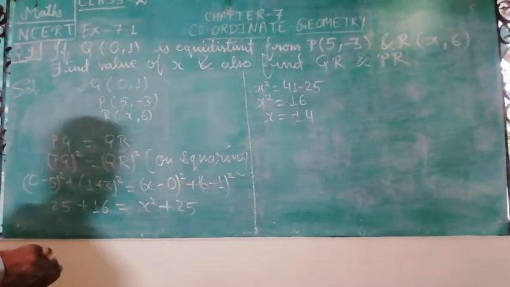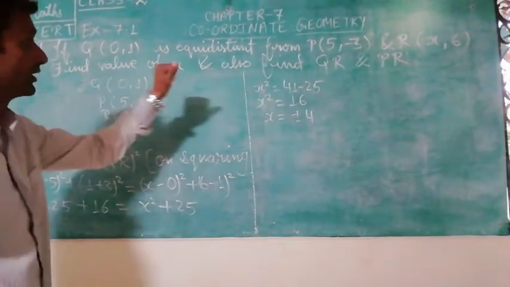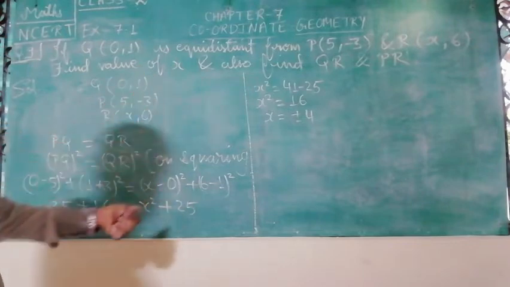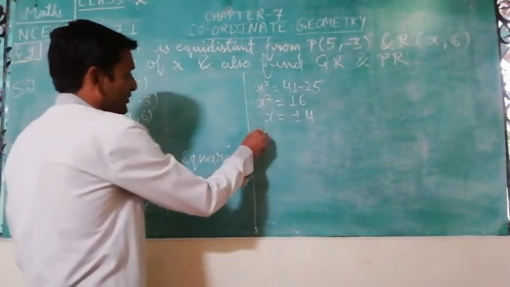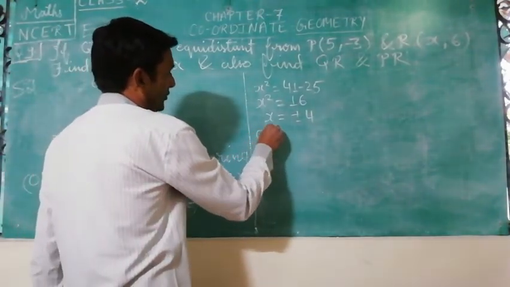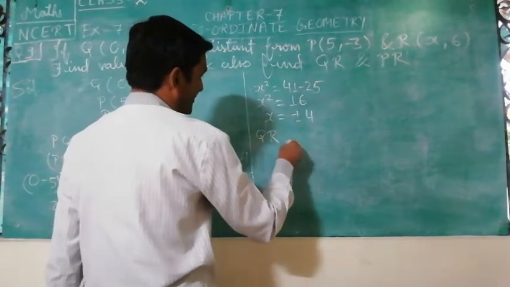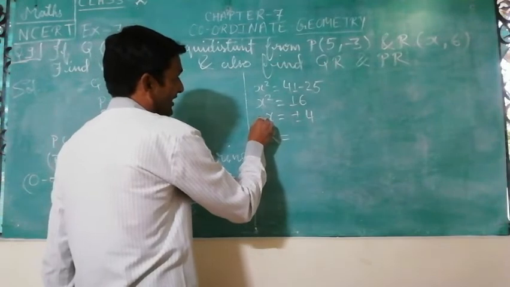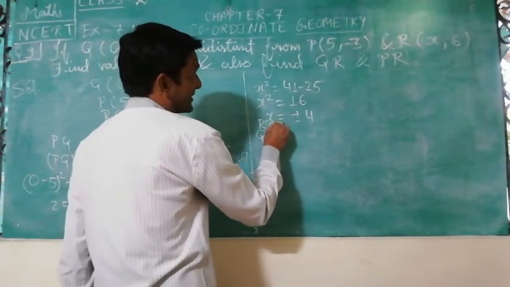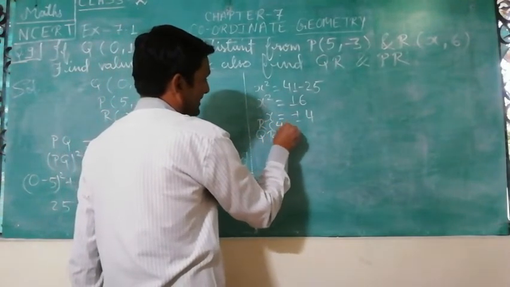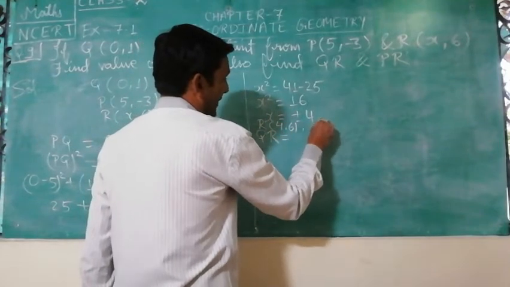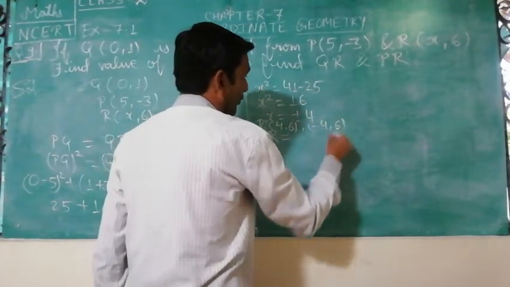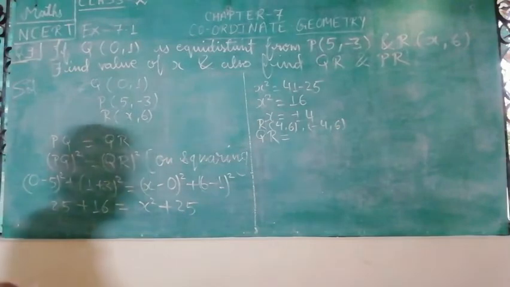So what do we have to find now? We have to find QR also and we have to find PR also. So QR is very simple. Two values of QR are possible here. Suppose we are considering coordinates of R, that is (minus 4, 6).